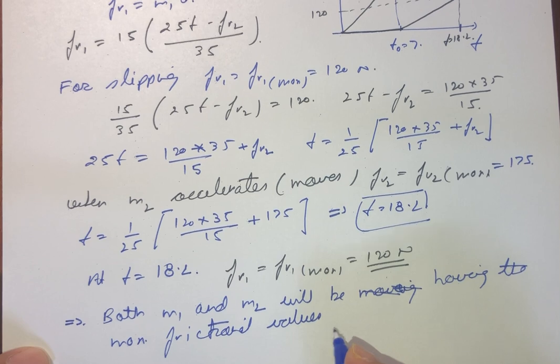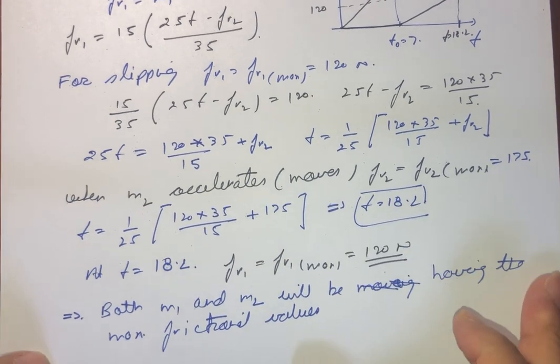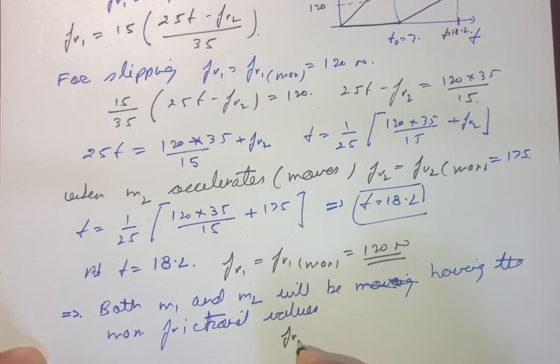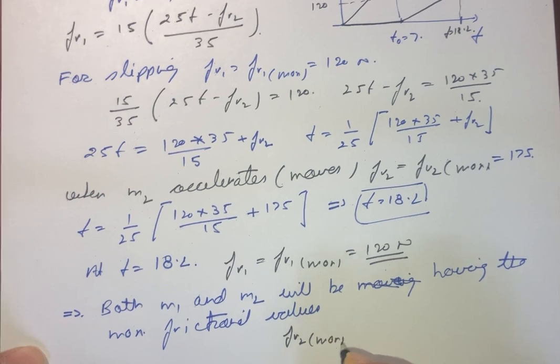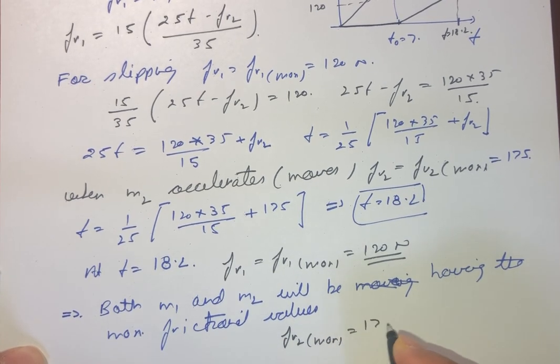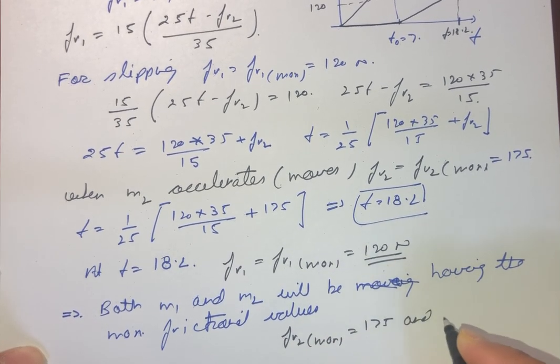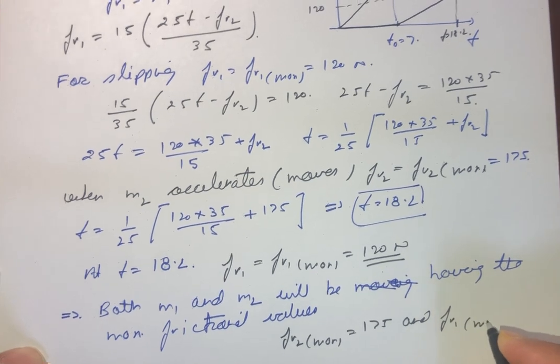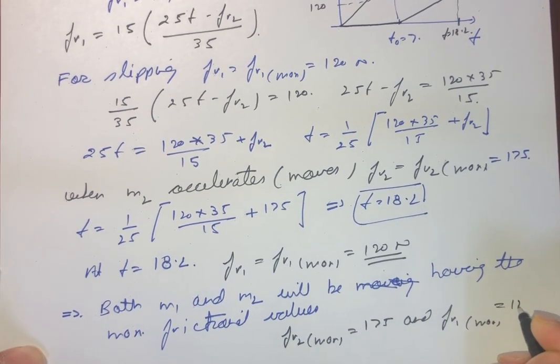Which basically means our FR2 max will be equal to 175 and FR1 max will be equal to 120 Newton.